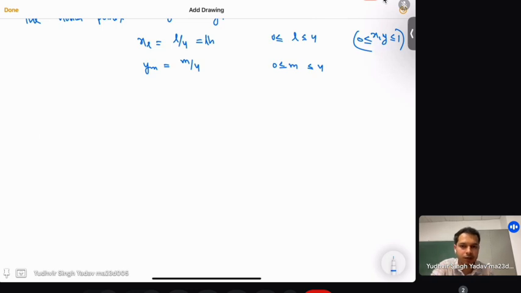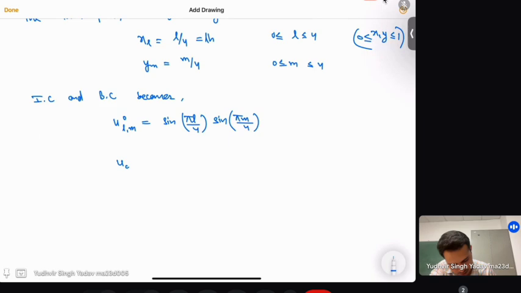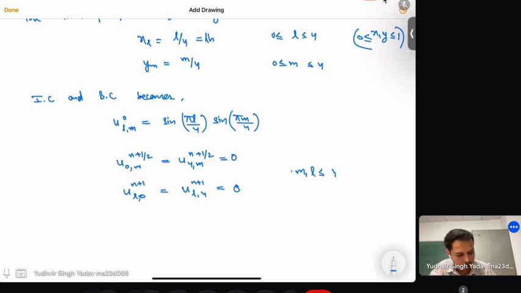So the respective initial and boundary conditions can be written as U(L, M, 0) equals sine pi L by 4 times sine pi M by 4, and the boundary conditions are that U is 0 when L equals 4 and at the other boundaries, where M and L are 0 to 4.